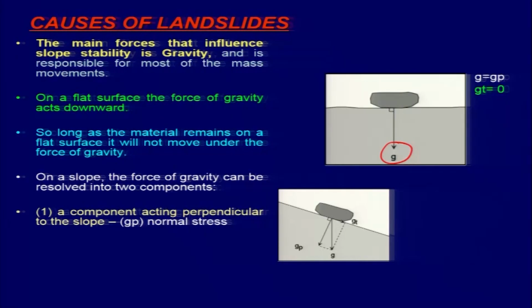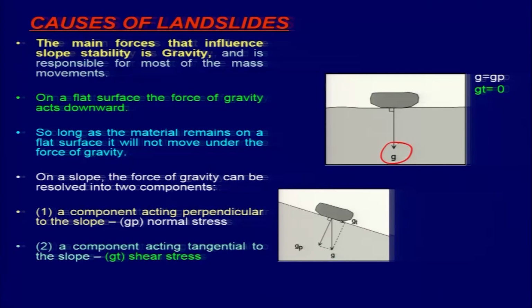A component acting perpendicular to the slope, this one, is your normal stress. So what we were looking at here, the G is equal to Gp. That is your normal stress, and another one is your shear stress, which is acting tangentially to the slope. So this is your driving force.